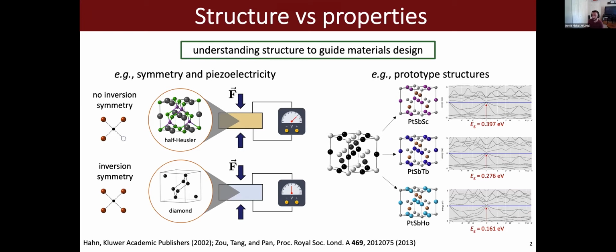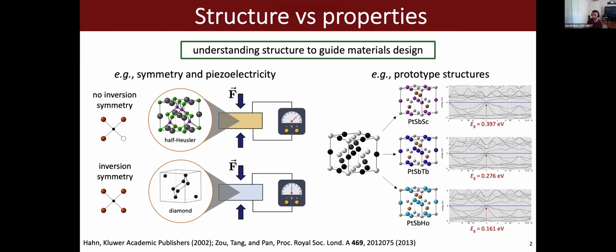So if you're familiar with the phenomenon, when you apply a force to a material, you might observe voltage across the material as well. And so really this boils down to the crystallographic symmetry. So for example, if you have the half-Heusler structure, which doesn't have inversion symmetry, then when you apply a force to the material in this direction, you would observe an accumulation of charges since it's not symmetric.